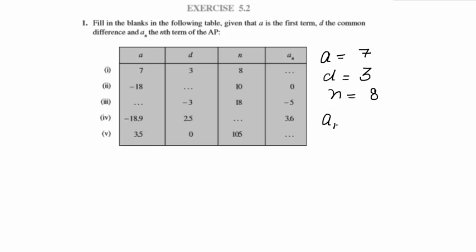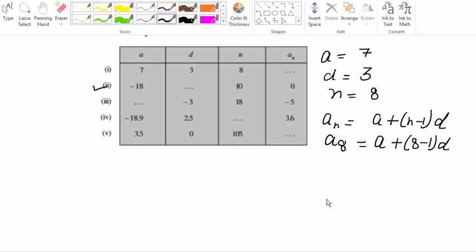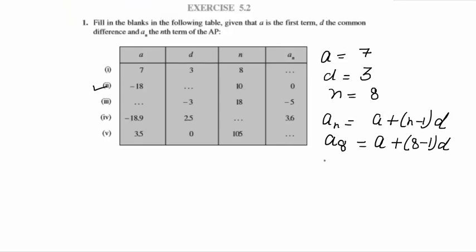Now the formula will be A plus (n minus 1) into D. Now n is 8, so A8 will be A plus (8 minus 1) into D. Now substitute the values in this.